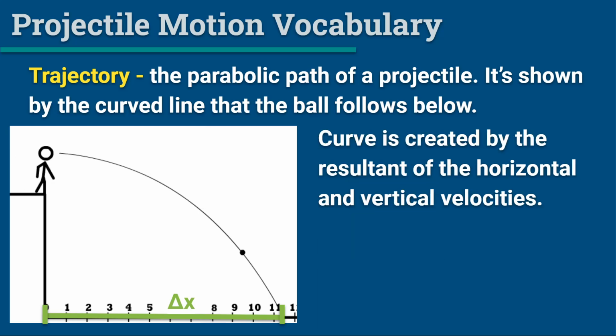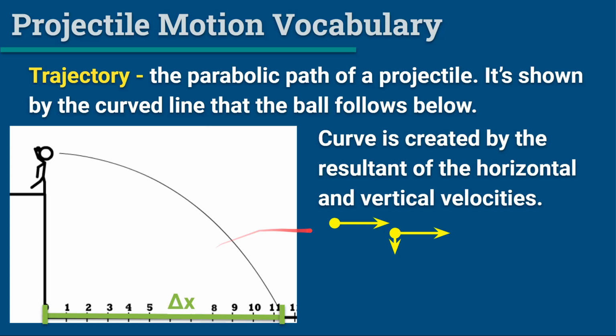When we talk about the trajectory, that curve that you see is created by the resultant of the horizontal and vertical velocity. Let's say our horizontal velocity vector looks like this. It's going to look like that the whole time because horizontally it's the same length each second. It's constant velocity. But as it falls, we get these vertical velocities.